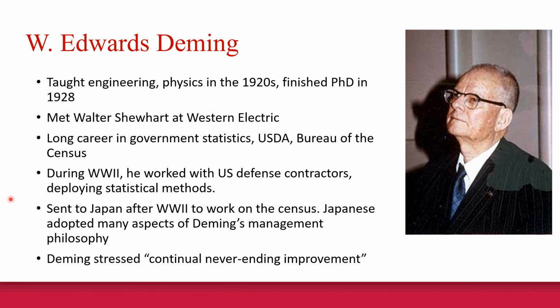He was sent to Japan after World War II to work on their census, and held a series of significant lectures with the Japanese manufacturers, and they adopted many aspects of his management philosophy.